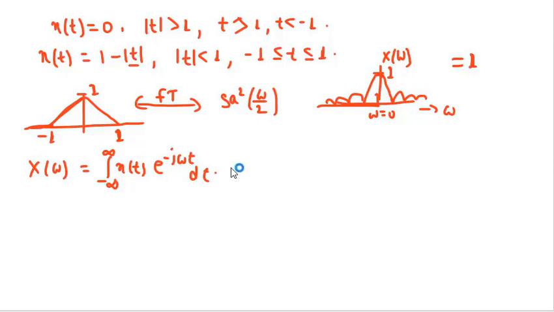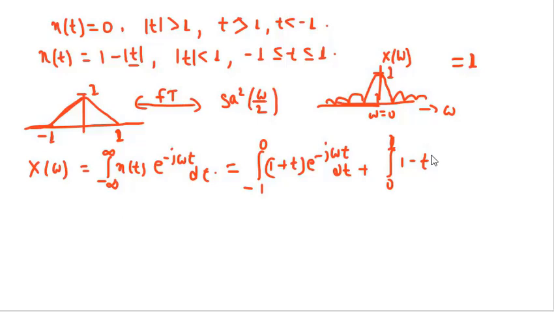When you put x of t in this integral, as x of t is defined from minus 1 to 1, then from minus 1 to 0 this function takes the value 1 plus t, e to the power minus j omega t dt, plus from 0 to 1 x of t becomes 1 minus t, because mod of t will be t between 0 and 1, so it becomes 1 minus t, e to the power minus j omega t dt.